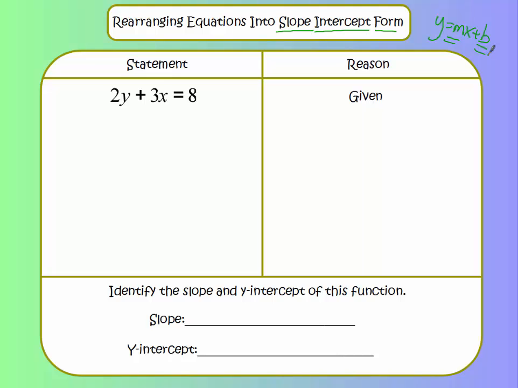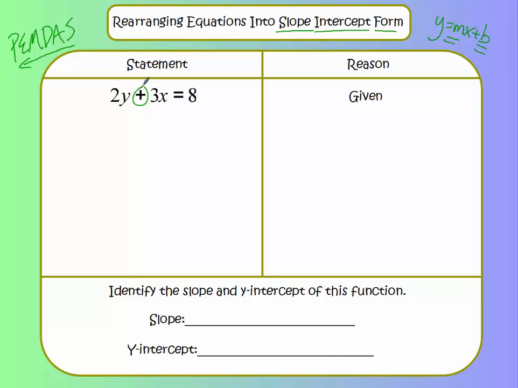So the first thing we want to realize is what we're trying to do is get y by itself. Okay, and remember when we were using the different skills for solving equations, we would always look at PEMDAS and go backwards through it. So the first thing I notice here is that we have addition, that I'm going to want to undo this addition. And the way I undo addition is by using the additive inverse, right? I would use subtraction.